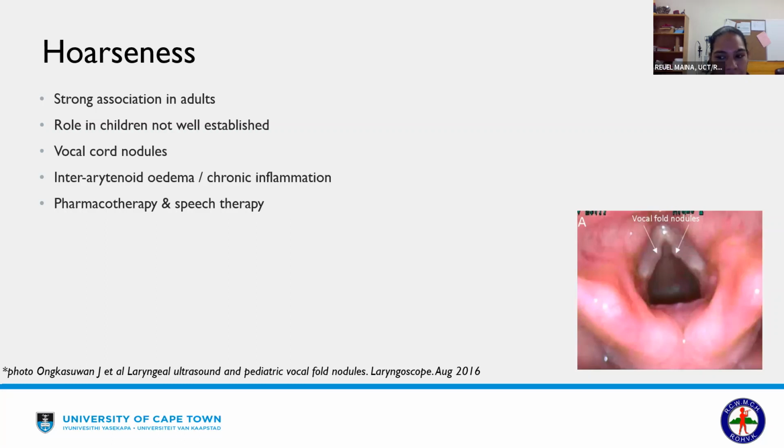Treatment of these vocal cord nodules is pharmacotherapy and speech therapy. So patients that present with hoarseness and associated vocal cord nodules require speech therapy as well as acid suppression.